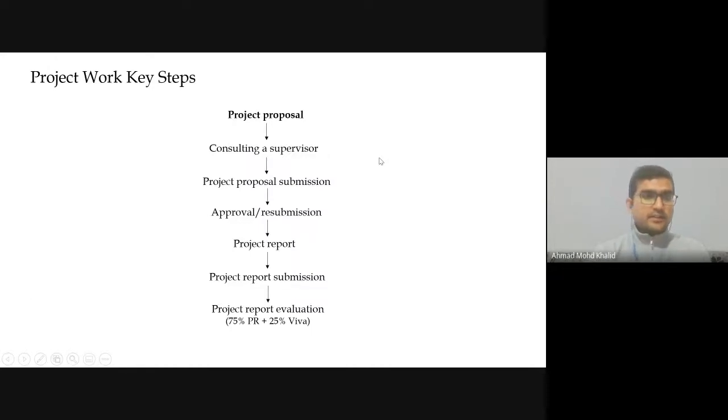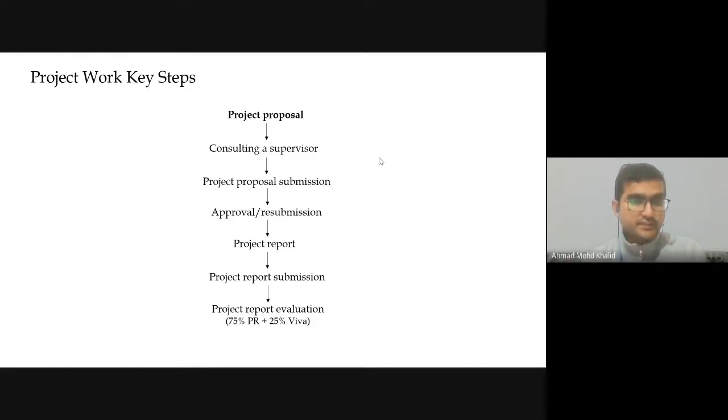So here, if you look at the project work, I'm particularly talking about your thesis project. The key steps can be represented as follows. You start with your project proposal, then you consult a supervisor. I will talk about all of these things, and then the project proposal is submitted. When you submit it, it is either approved or not approved.